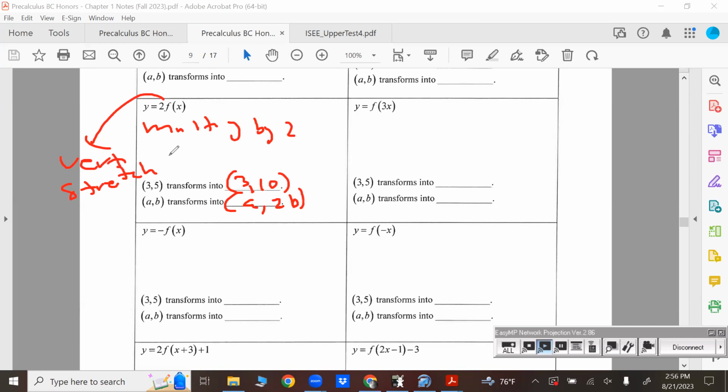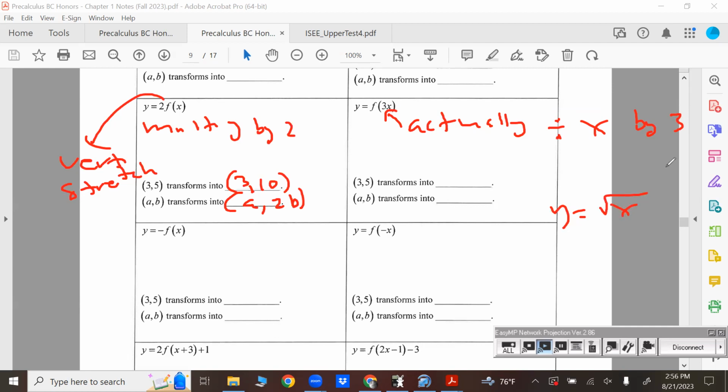Now, this next one's a little dicey, though. f of 3x. So you think to multiply x by 3, what are you actually doing? Yeah, actually dividing x by 3. And again, how do you make peace with that? If you have y equals, let's do a radical, I guess.